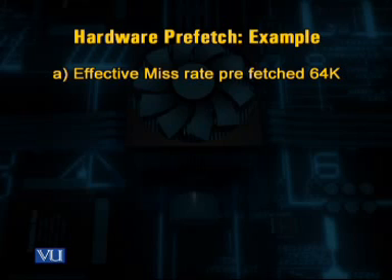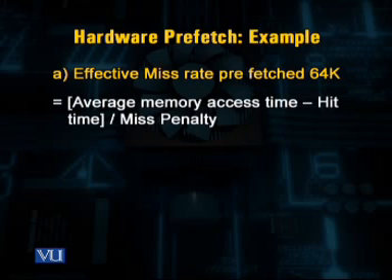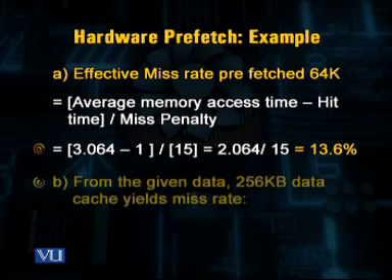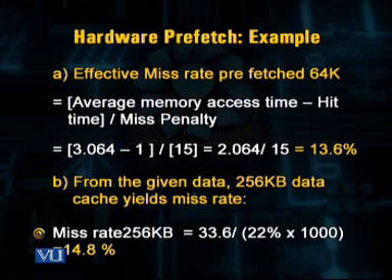Continuing, to calculate how much bigger the data cache needs to be, we have to find the effective miss rate for the prefetched 64 KB cache. This is given by the average memory access time minus the hit time, the whole divided by the miss penalty, and it results in a value equal to 13.6%. From the given data for the 256 KB cache, the miss rate is 33.6 divided by 22%, which results in a value equal to 14.8%.